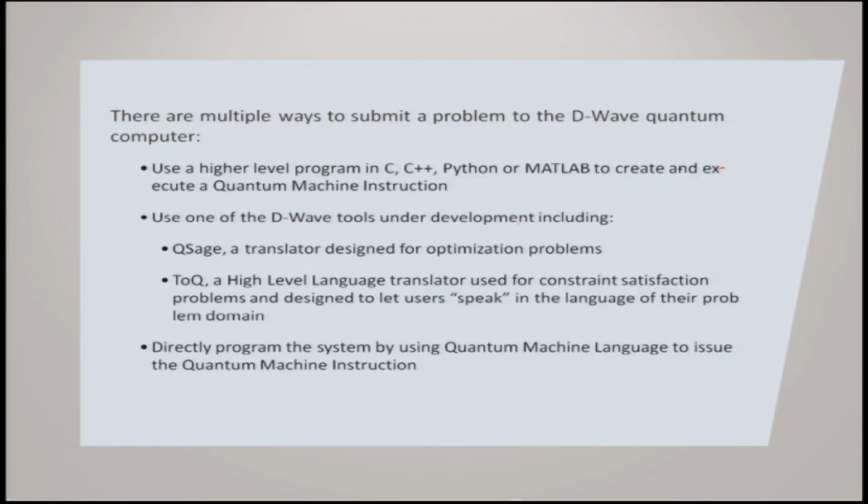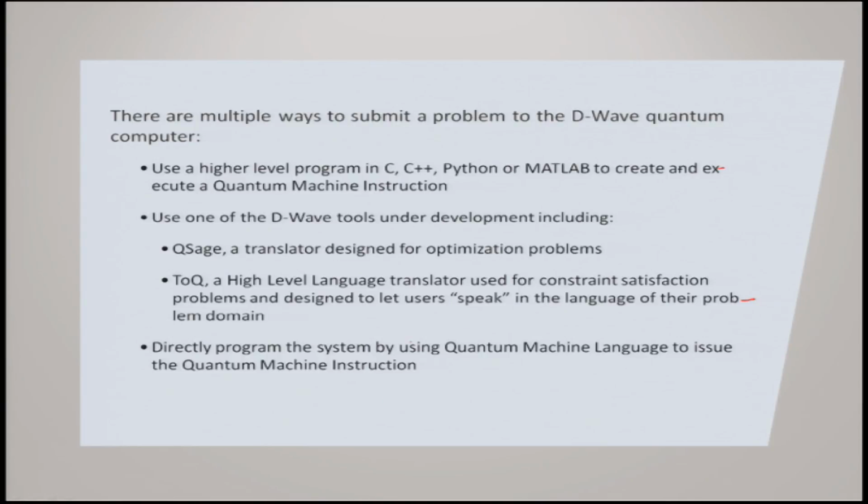Use one of the DWave tools under development, including QSage, a translator designed for optimization problems, TOQ, a high level language translator used for constraint satisfaction problems and designed to let users speak in the language of their problem domain, or directly program the system by using quantum machine language to issue the quantum machine instructions.